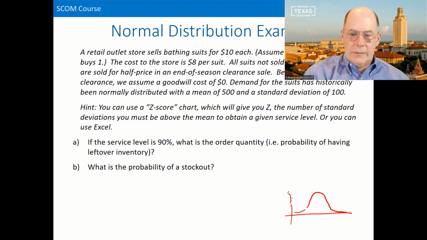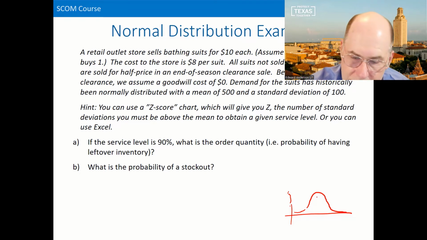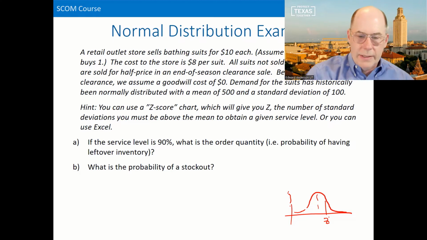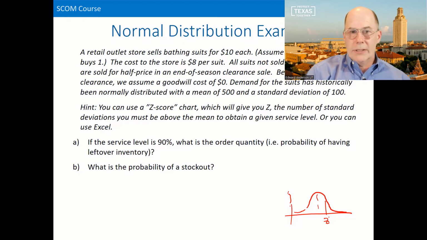Okay, so how do we find this? Well, first of all, we need to know what the service level is. Then for any given service level, if our demand is normally distributed, we can calculate a z-score. A z-score is the number of standard deviations above the mean that will correspond to 90%.